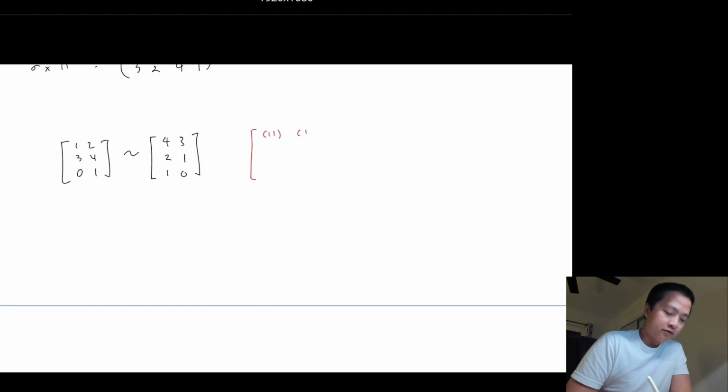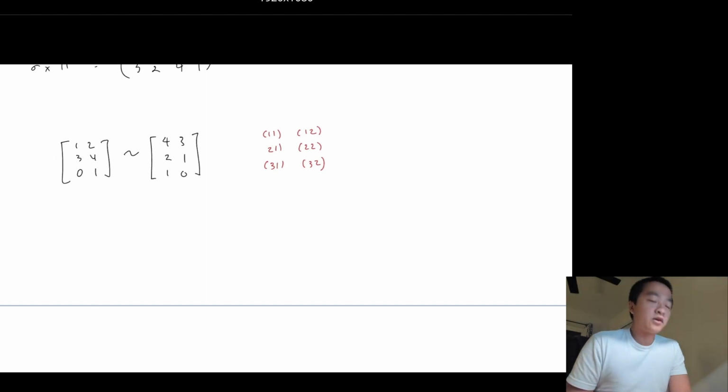Element of row 1, column 2, row 2, column 1, row 2, column 2, row 3, column 1, row 3, column 2. Okay. So these are the elements. I'll index them by row and column.